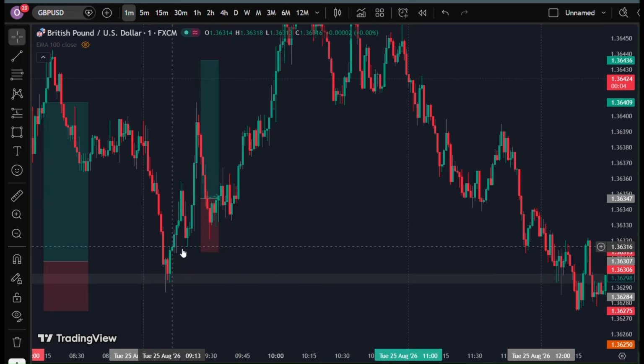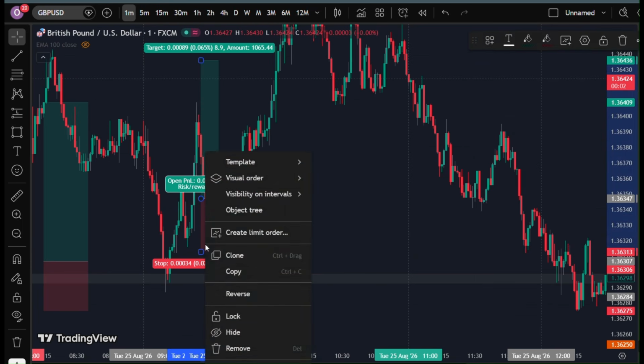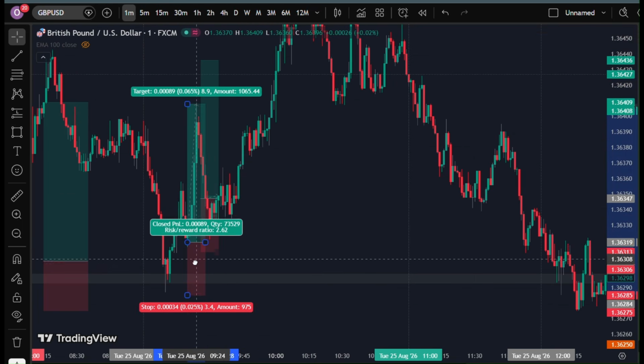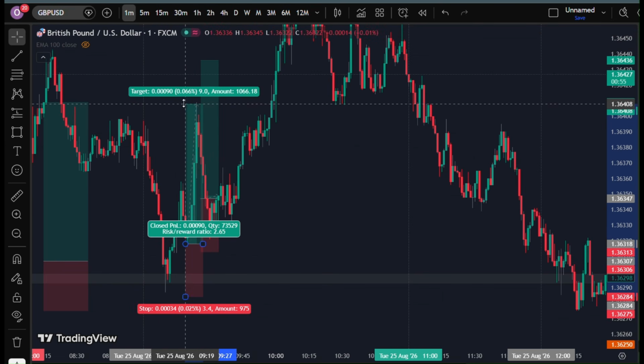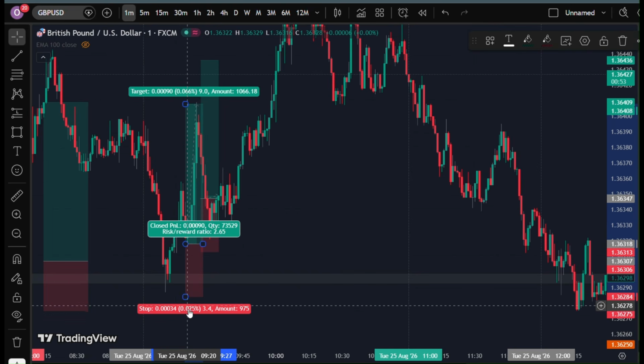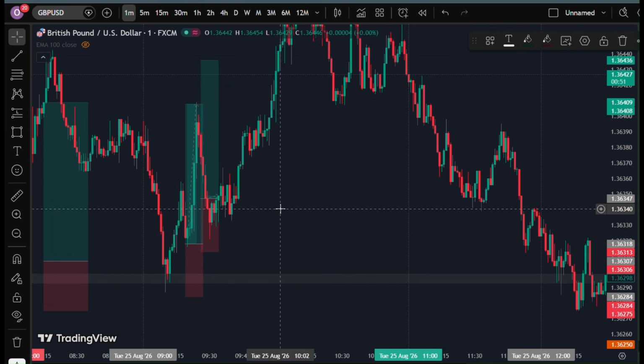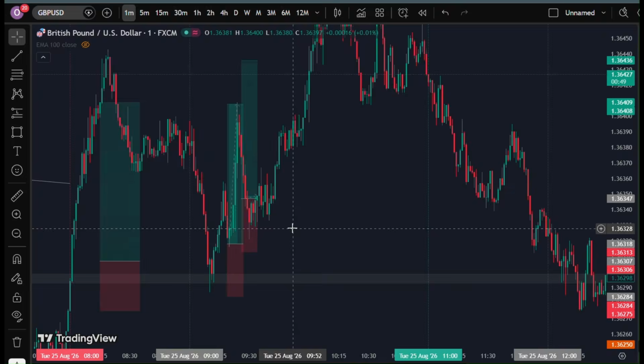And I also had another entry over here, just in case that it took me out. This one was just coming to this liquidity zone. So that was how I made my entry.